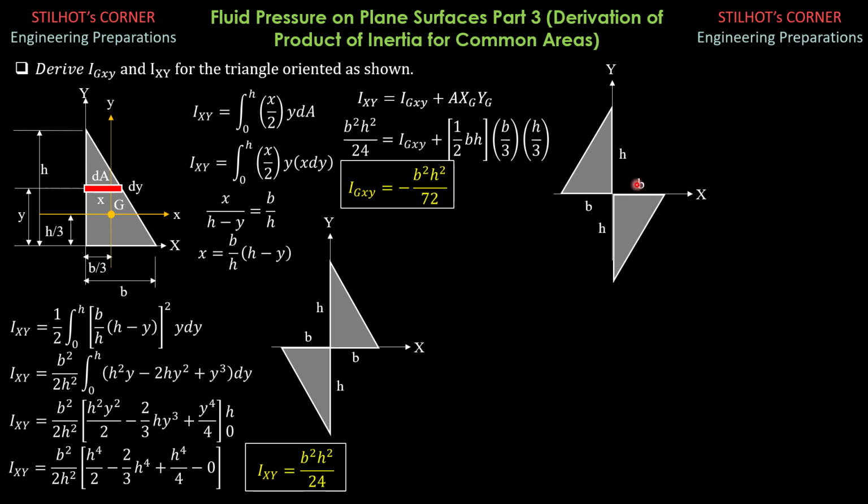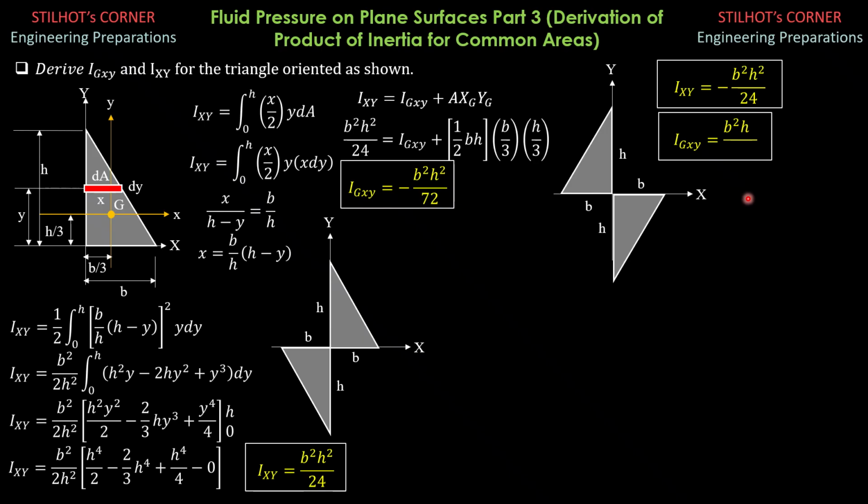Here, if we draw the centroidal axis, the greater area lies in the first and in the third quadrant. So IXY is negative b square h square over 24, and IGXY would be positive b square h square over 72.